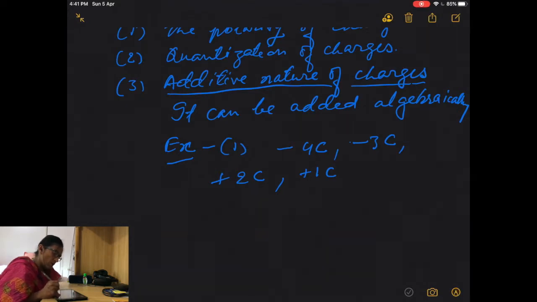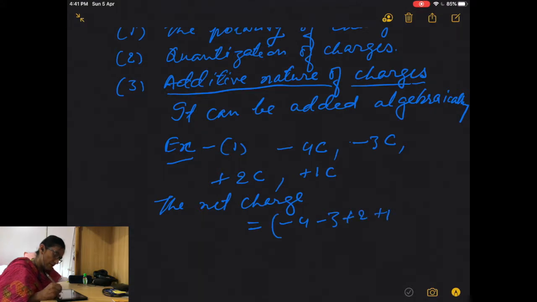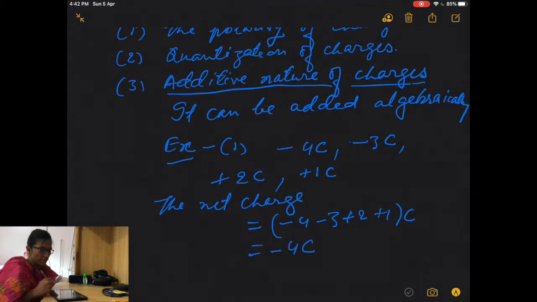So the whole net charge on the system on which these point charges are there, the total charge, is equal to the algebraic sum of all these charges. Means minus 4, minus 3, plus 2, plus 1 coulomb. So it comes equal to minus 7 and plus 3, so it comes equal to minus 4 coulomb. So this is the net charge in this very example.